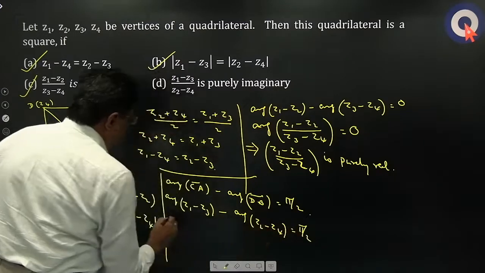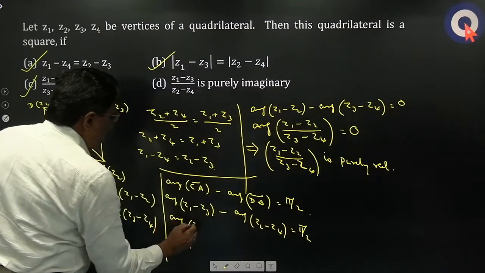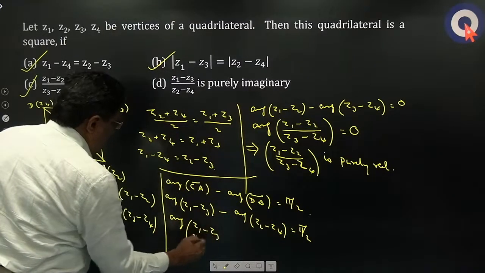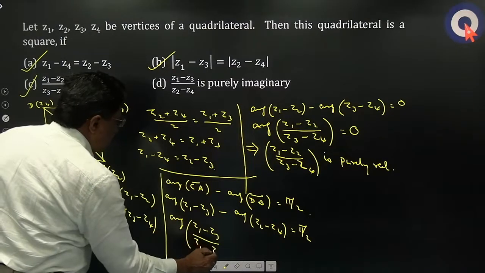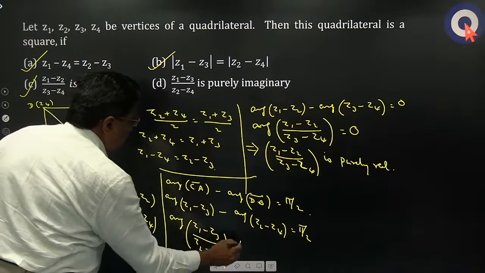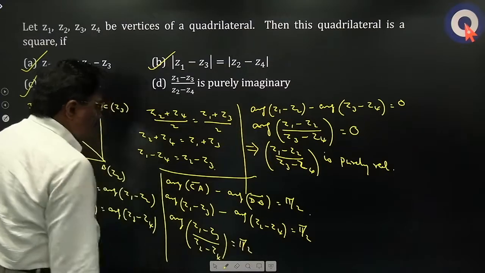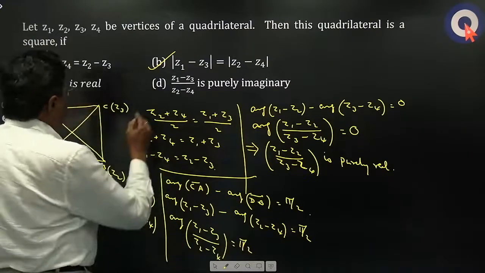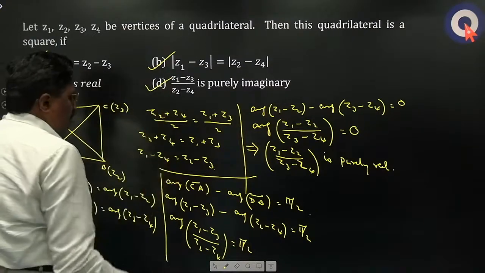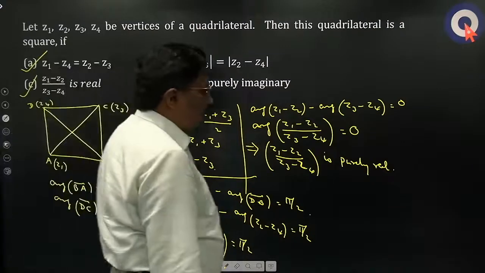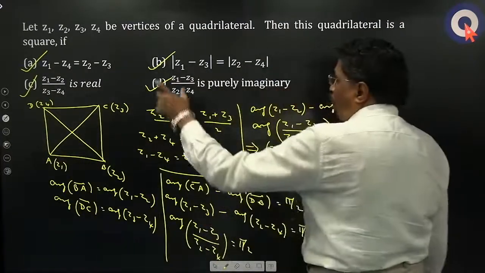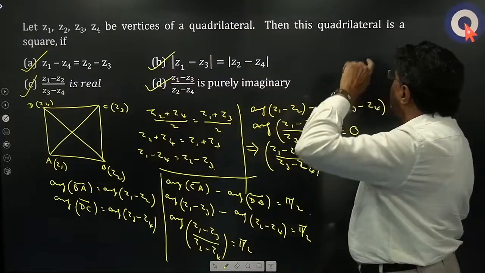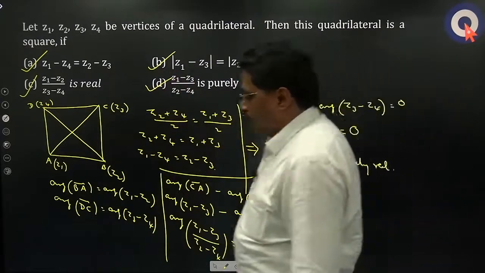So in other words, argument of Z1 minus Z3 by Z2 minus Z4 is equal to pi by 2. The argument of some complex number is pi by 2 means this complex number has to be purely imaginary. So therefore, all the 4 options will be correct if this quadrilateral becomes a square.